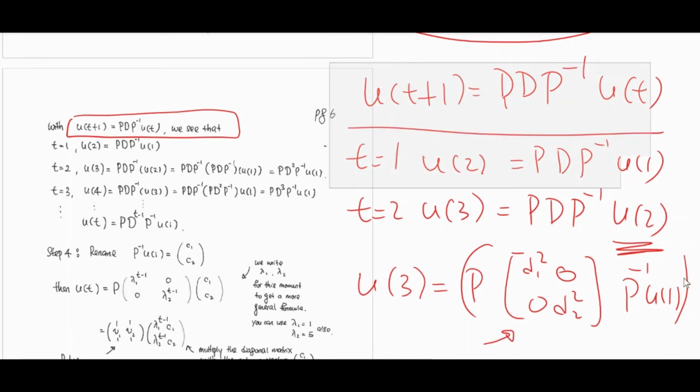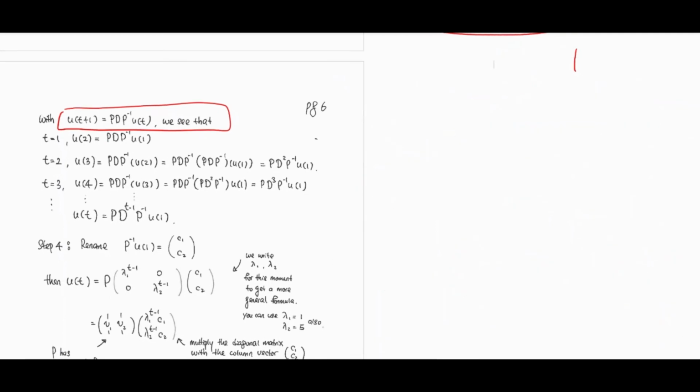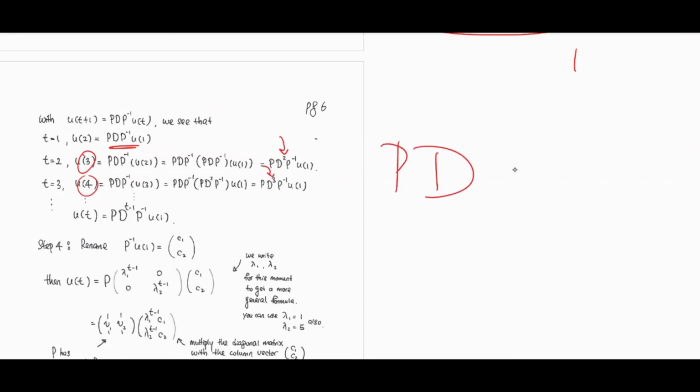After you do all these enumerations, you will see that u_2 gives you this, u_3 gives you this, and u_4 gives you this. Starting to see a pattern now: if this is 3, this is power 2; if this is 4, this is power 3. It's always P, then D to some power, then P inverse, then u_1.